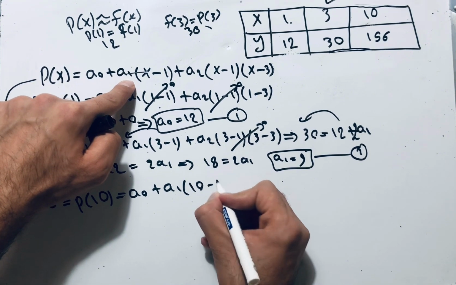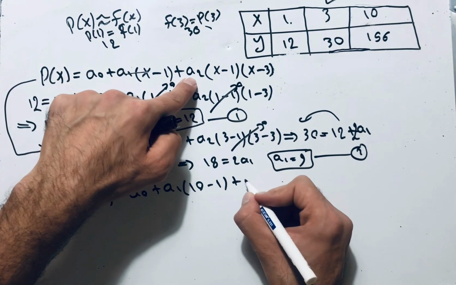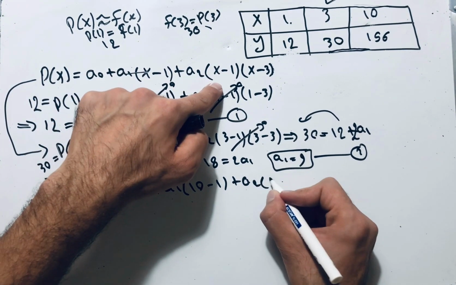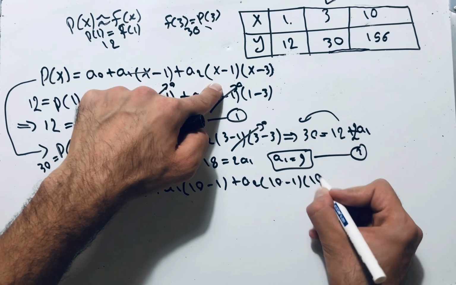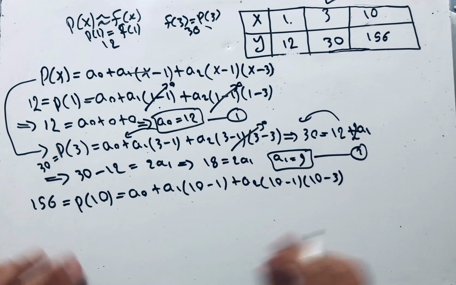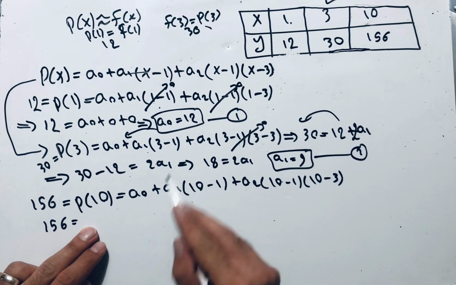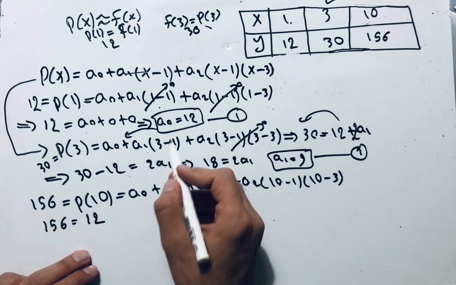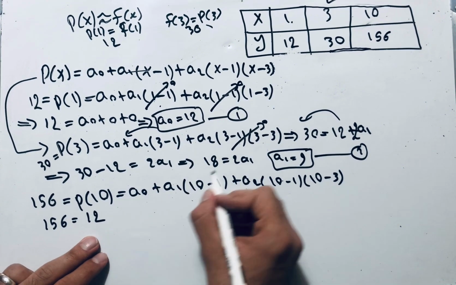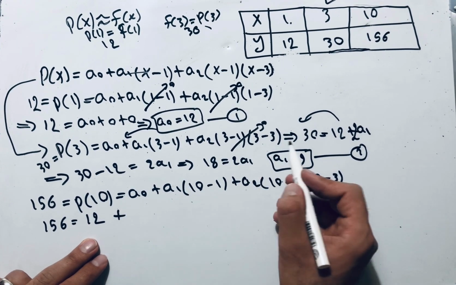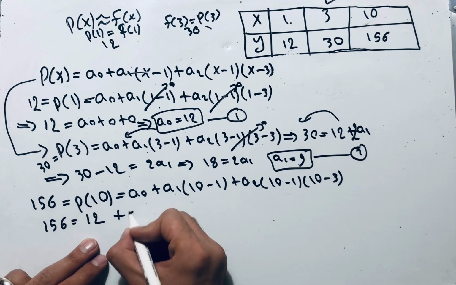So this is 10 minus 1 plus a2, 10 minus 1, 10 minus 3. Okay, so 156 is actually equal to, so a naught again is 12. We found that before.